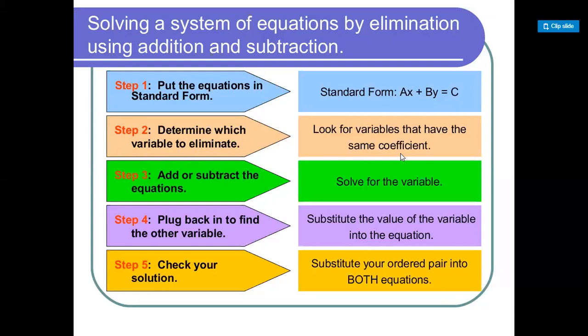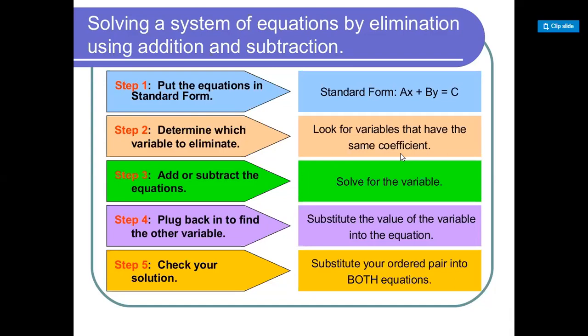Once we have two equations, we have to put both of them in standard form. Second, we will search for the variable which has the same coefficient. Add or subtract the equations to solve for a variable.